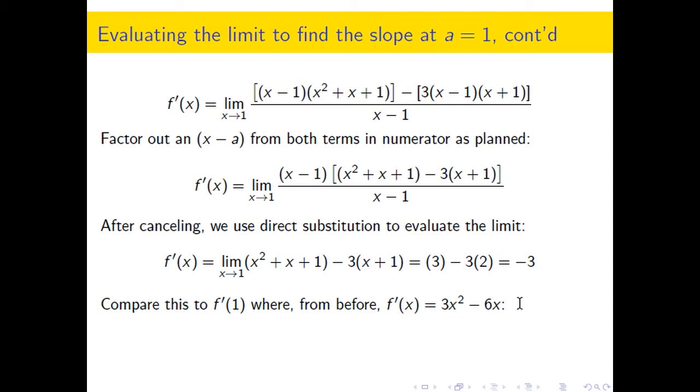Let's compare it to the first example. We said when we take the derivative as a function, we can plug in any x value we want and find out what the slope is at that x value, at that point, x comma f of x. Well, let's do it. We were evaluating this where x equals 1. So plug in 1 here. You have 3 times 1 minus 6 times 1.